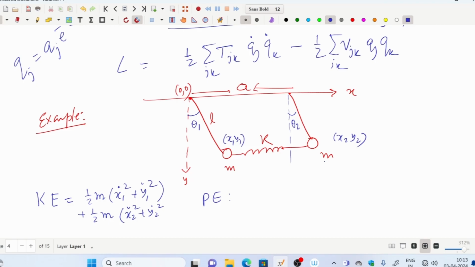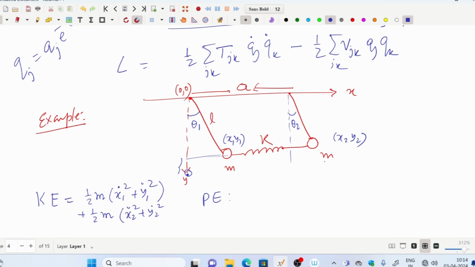If we make a triangle out of this, then you can find this distance. Suppose this is the equilibrium position. So this is the distance this mass has been raised.